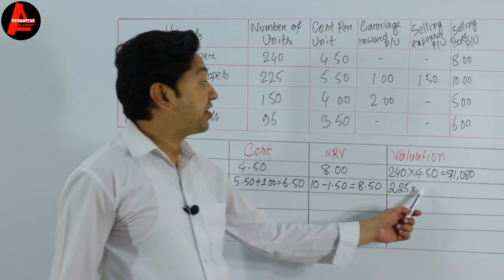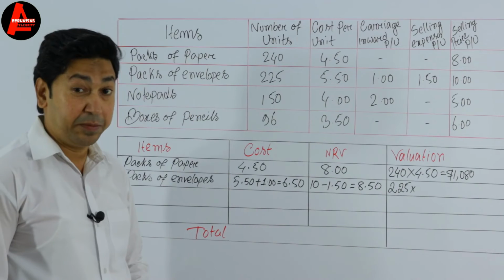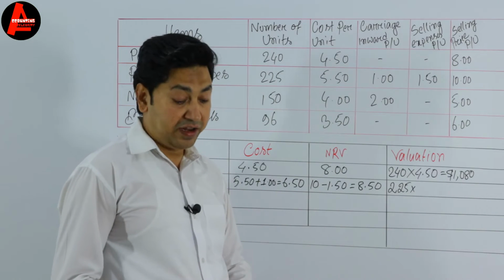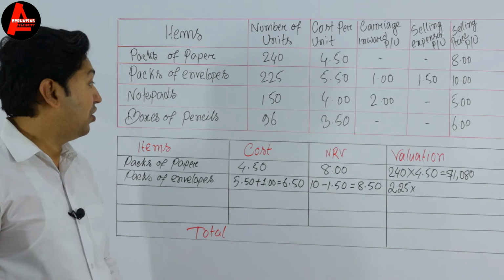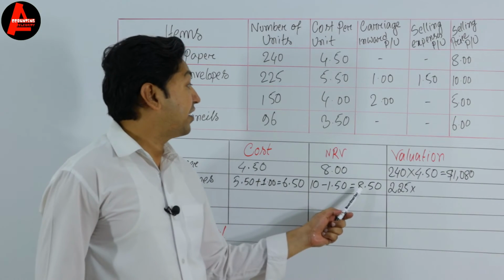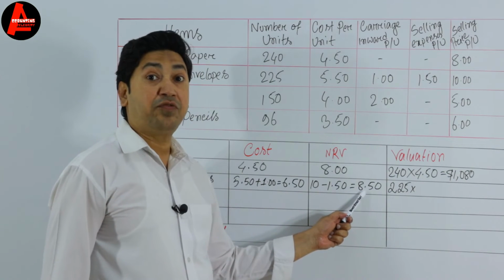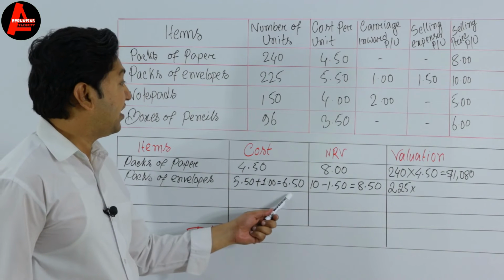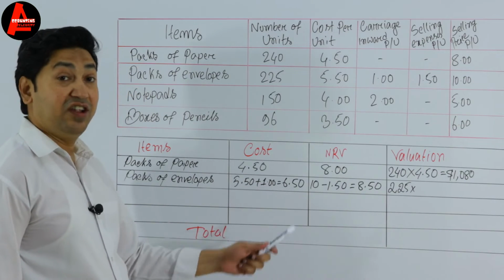Now which price will be multiplied? Same accounting concept, lower of cost and net realizable value. Here cost price is $6.5 and NRV is $8.5. Which one is lower? We see cost price is lower.